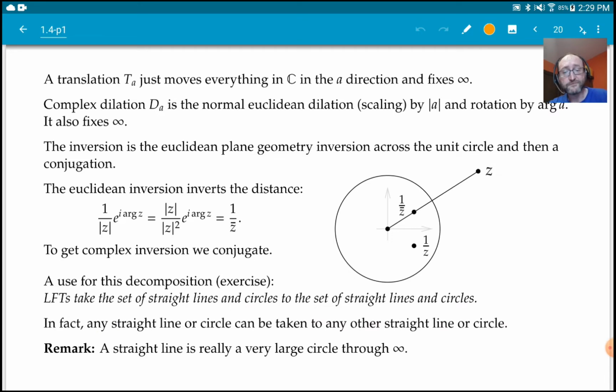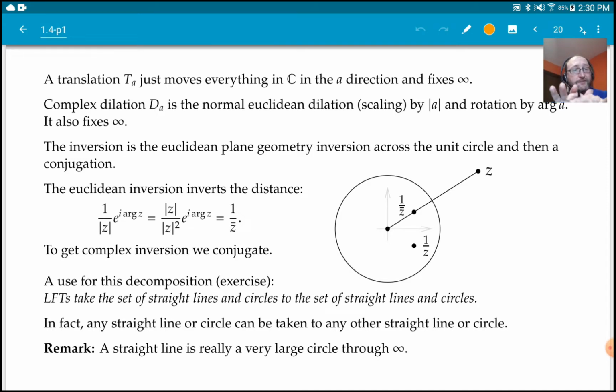Now, why do we have to throw in straight lines? Well, straight lines are circles. They're just circles through infinity, and the way to think of that is in terms of the Riemann sphere, right? All of these are going to be circles on it.